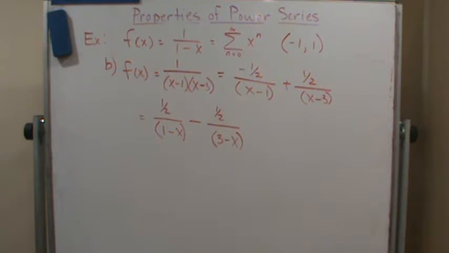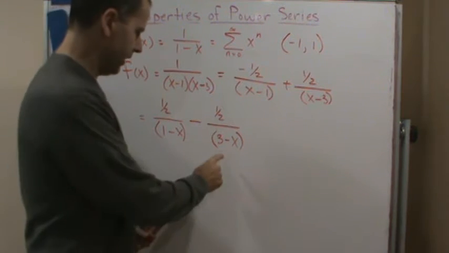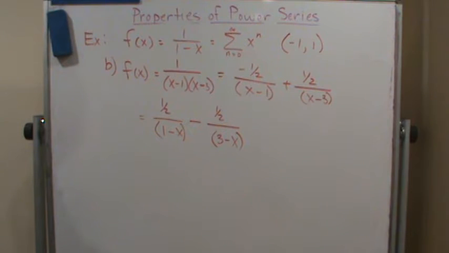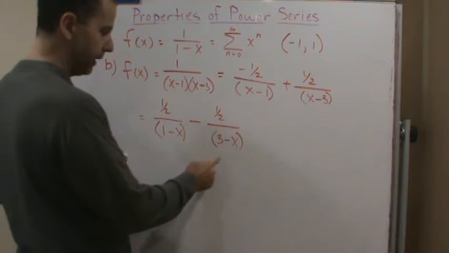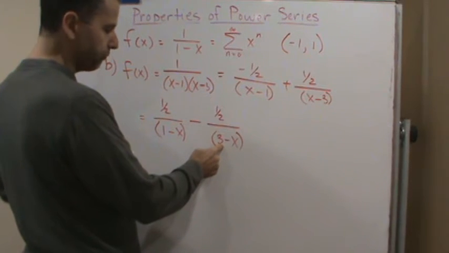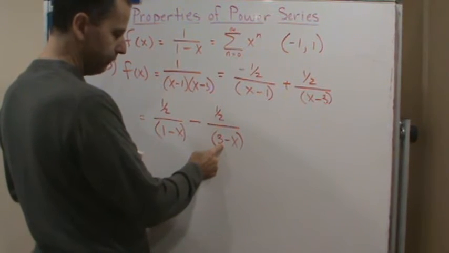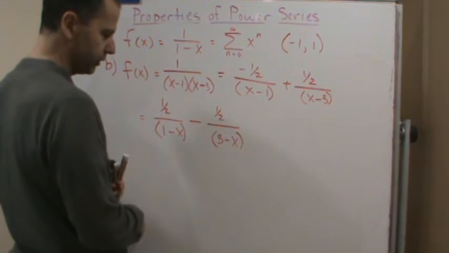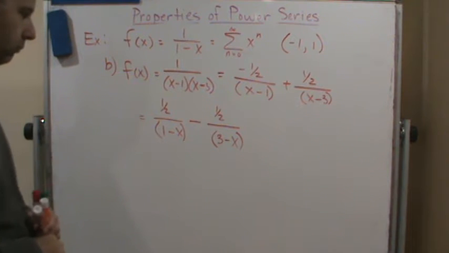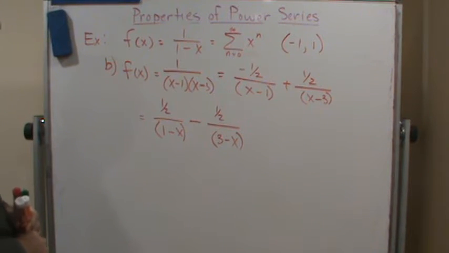So now this here still isn't like this one. So I'm going to have to pull out what? I have to make that a 1. Well, in order to make that a 1, I'd have to factor out a 3. Right?